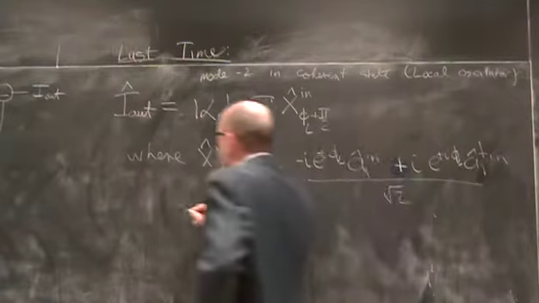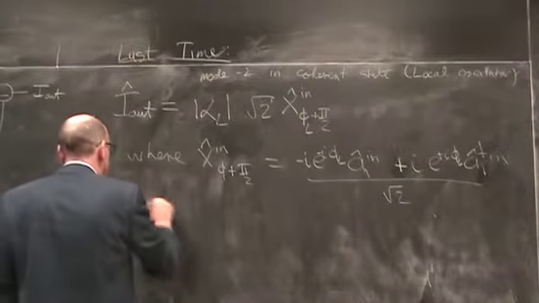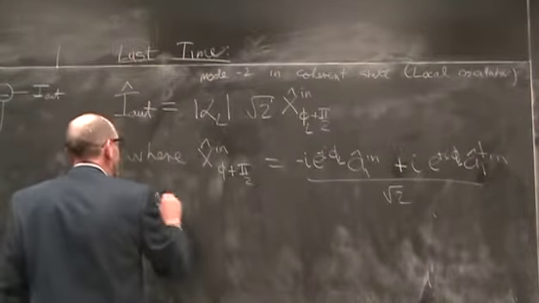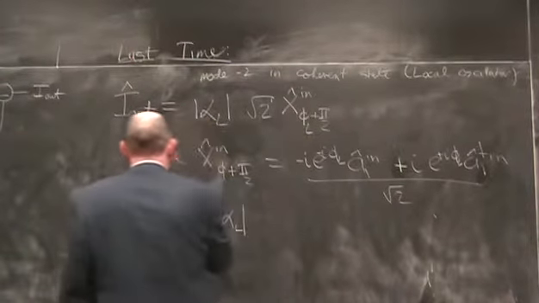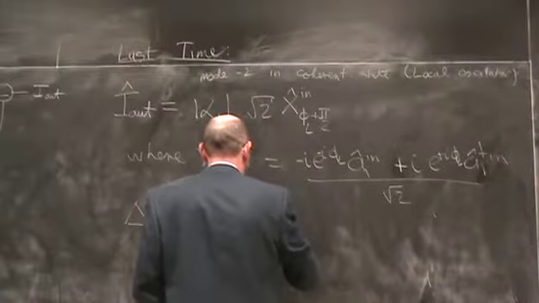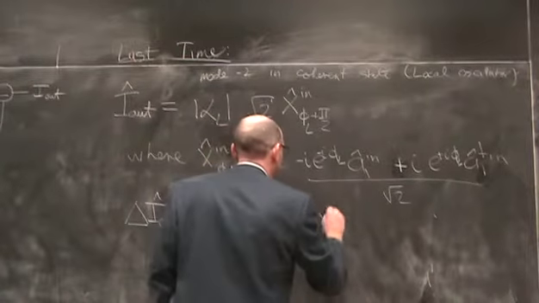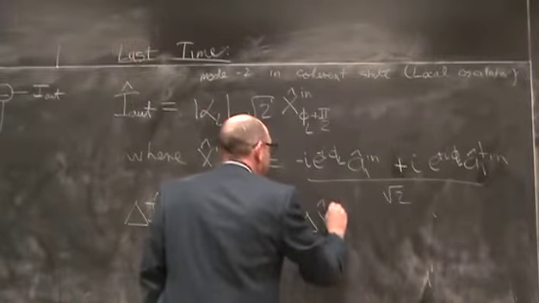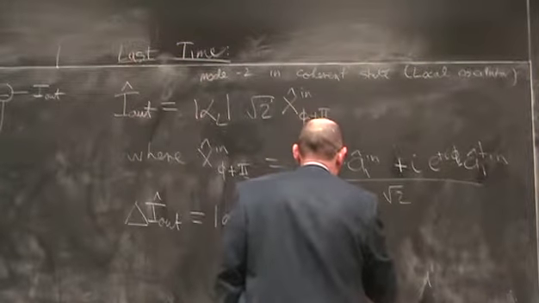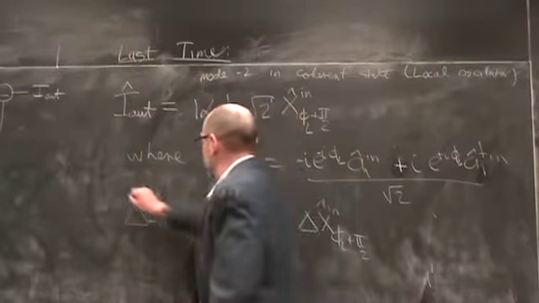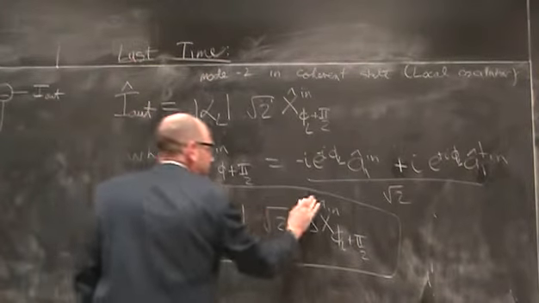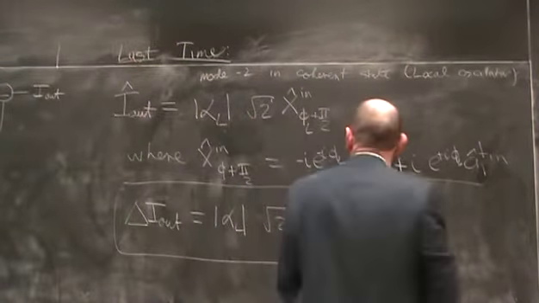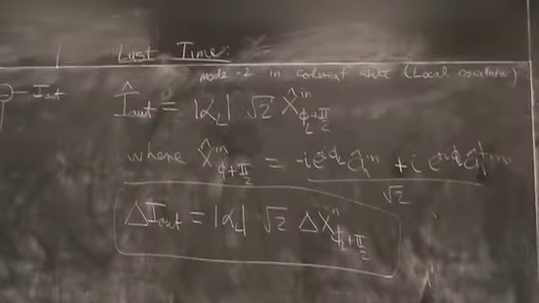And thus, the fluctuations that we measure in the balanced homodyne detector are equal to the fluctuations in the quadrature at the phase plus pi over 2 associated with the signal. All right?